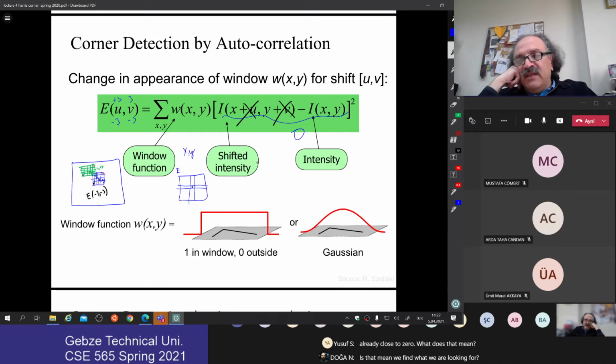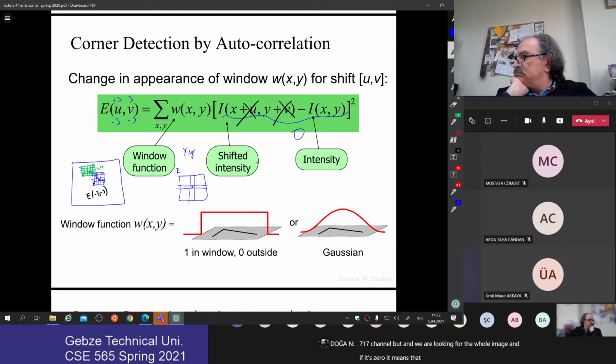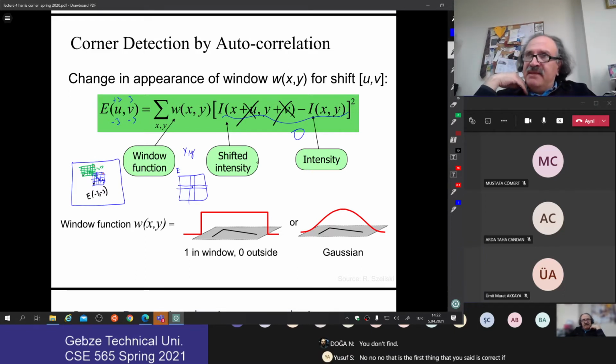You are saying we did not find what we are looking for. What do you mean by that? We are looking for a pattern with a 7 by 7 window, and we are looking across the whole image. No. The first thing that you said is correct. If everything is 0, that means that we didn't find what we wanted to find.